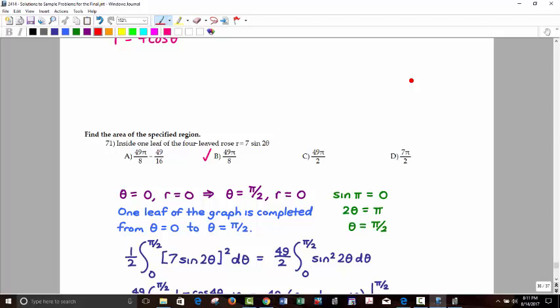That's not important. But we would have needed to know the number of leaves if we were trying to find the total area of the leaves. Because in this case, 4-leaf, you'd find the area of one leaf, and everything's symmetrical, and then you just multiply that answer by 4.